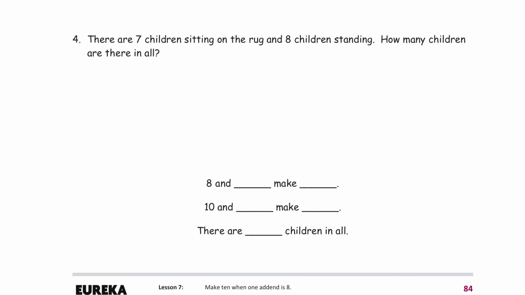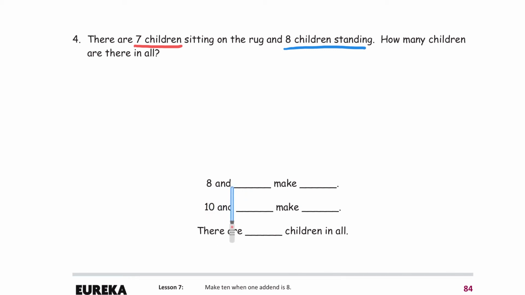So the first thing that you're going to do is you're going to be drawing out your dots. So we have 7 children and we have 8 children. You're going to draw out 7 dots. You're going to draw out 8 dots. On your group of 8 dots over here, you're going to then circle and make it into a group of 10.